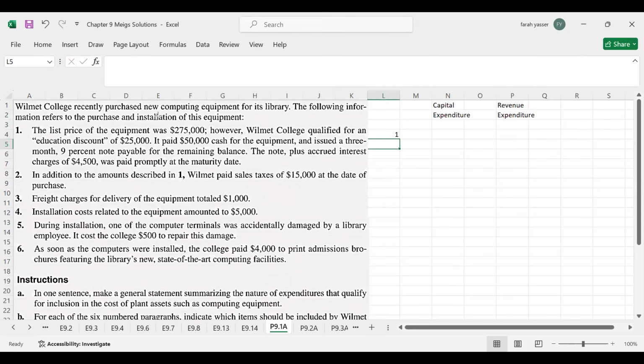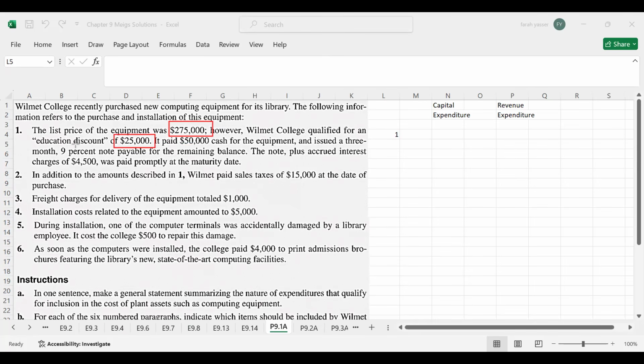In one, the list price of the equipment is dollar 275. However, Wilmette College qualified education discount. So total price of the equipment was 275, whereas the company got $25,000 education discount. The company paid 50,000 cash and signed a 3-month 9% note payable for the remaining balance.